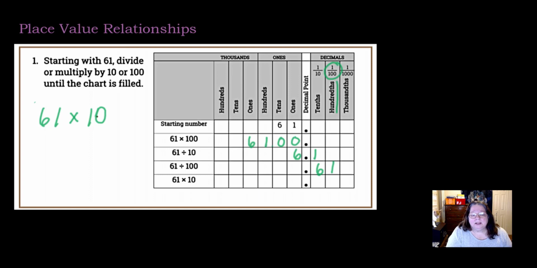Well, it's going to be 600. That gives us a clue that our number's getting bigger. So our decimal point moves from 61 over here, and it becomes 610. We're multiplying by 10. We move the decimal point 1 place to the right, and our number becomes 10 times bigger.